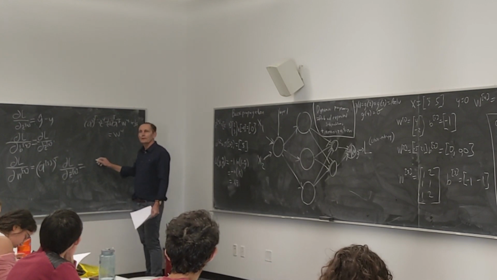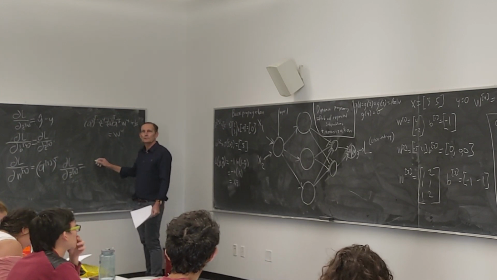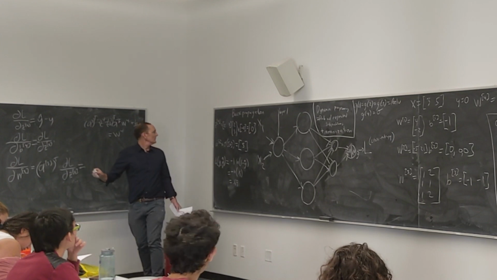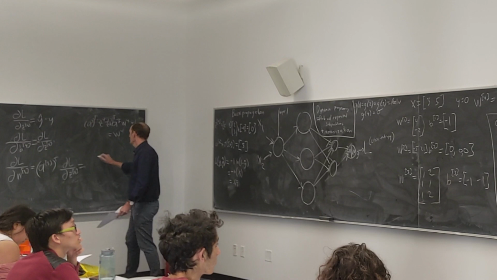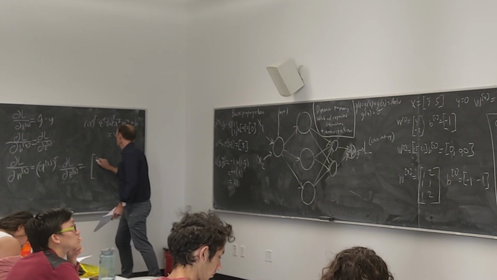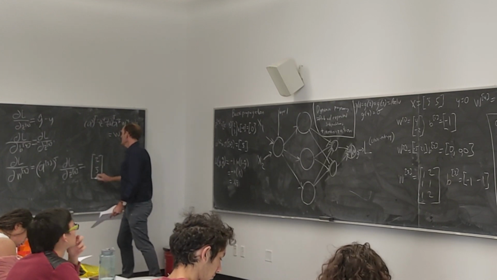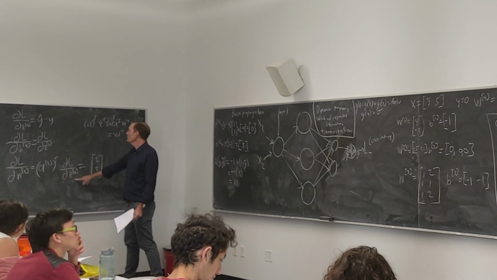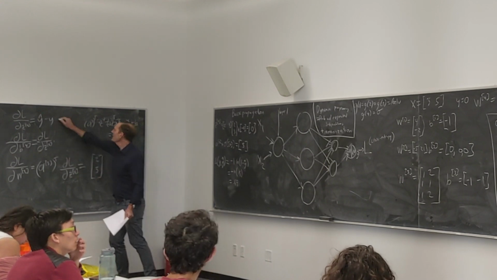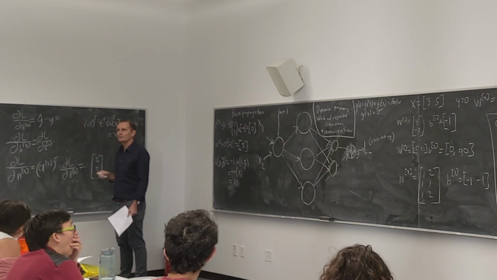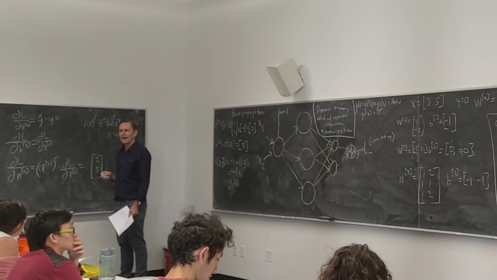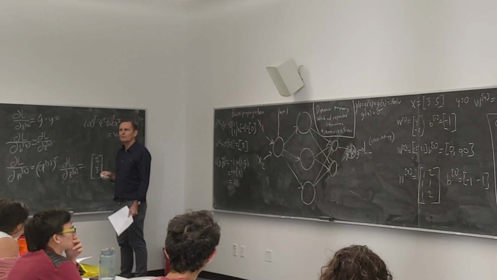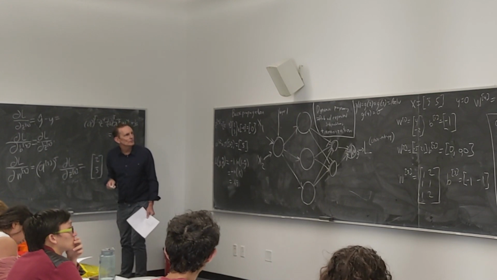So A3 transpose is what? I can't, A3, I don't know what it is. Is it 2, 3? 2, 3. Times this derivative, which is y hat minus y. So I guess we better come up with a value here. So y hat minus y is what, 1/2? And y was 0.